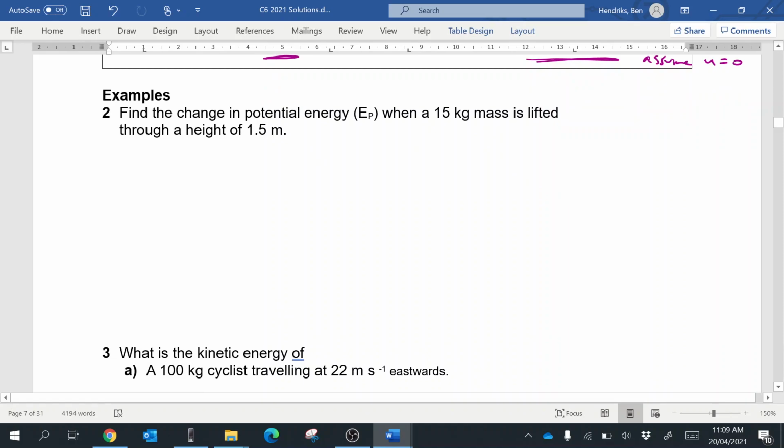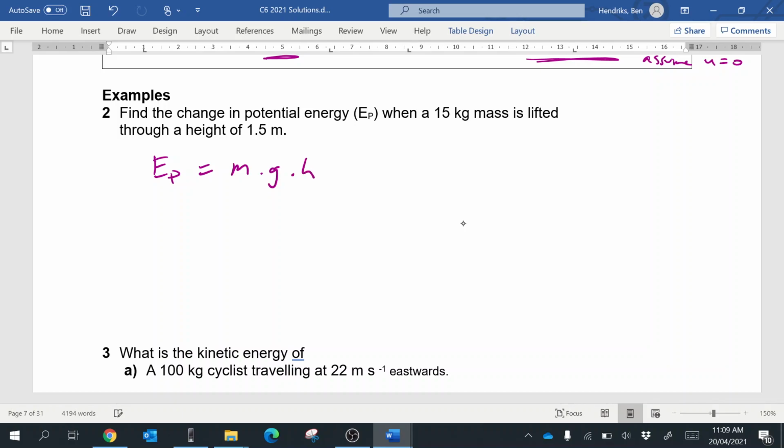So, an example we have here: find the change in potential energy, the EP, when a 15 kilogram mass is lifted through a height of 1.5 meters. Okay, so EP is equal to mass times gravity times height, which is equal to 15 kilograms times 9.81, that's our acceleration due to gravity, times 1.5 meters.